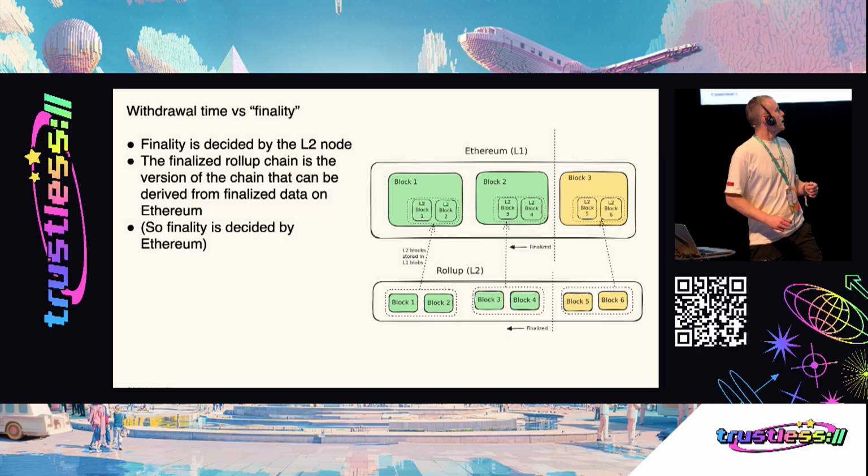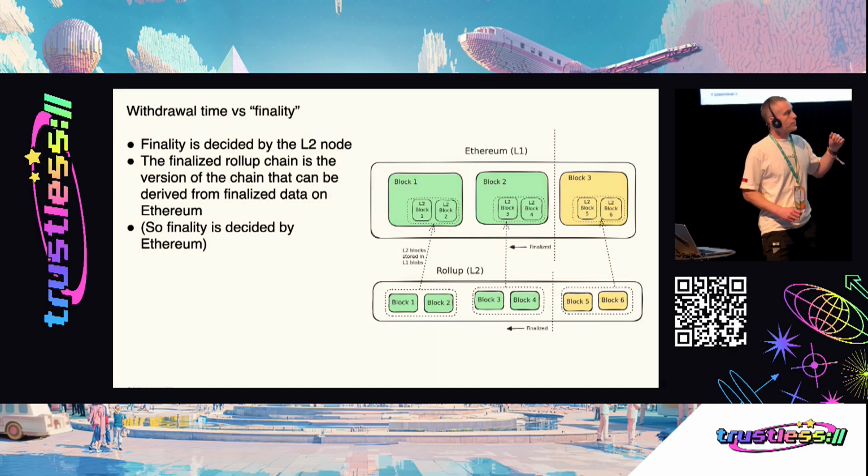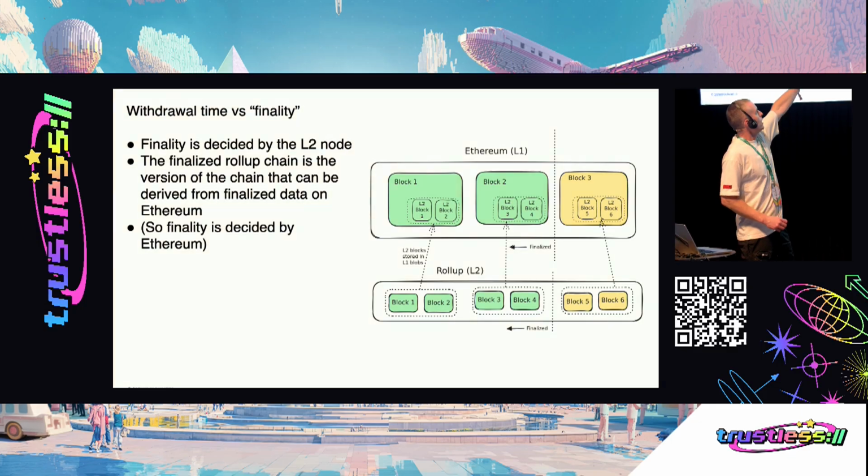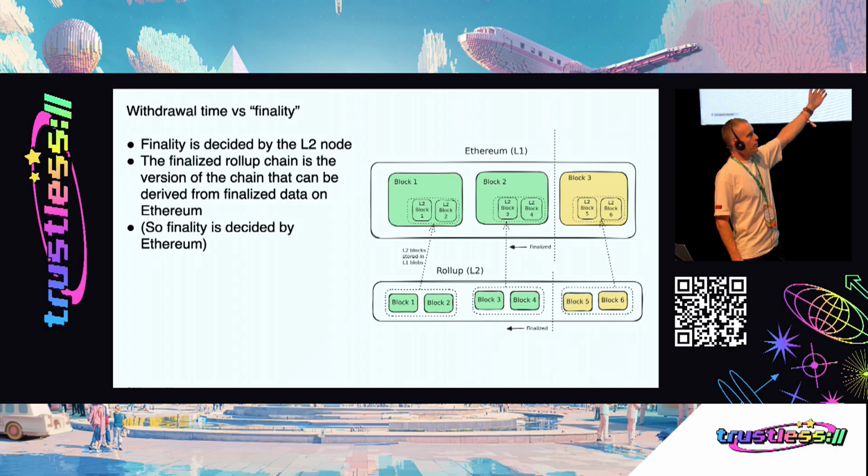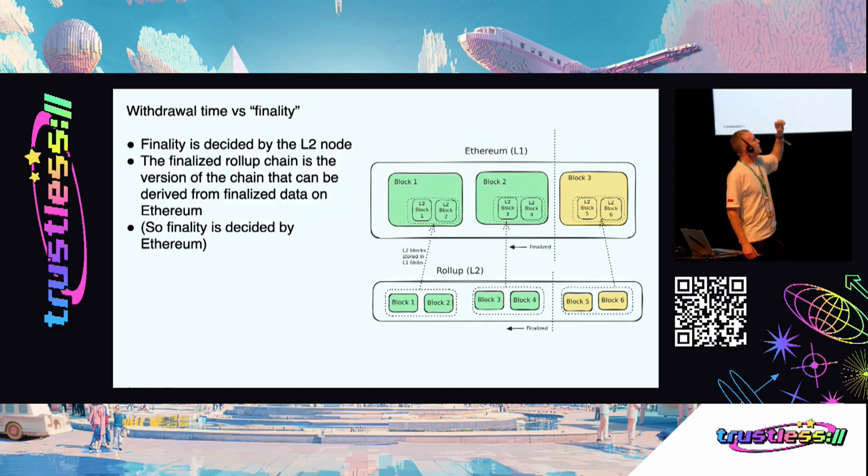So in this chart here, you can see on L1, the green blocks are the finalized blocks. The L2 blocks that were derived from the data in blobs in the finalized L1 blocks are the finalized L2 blocks.